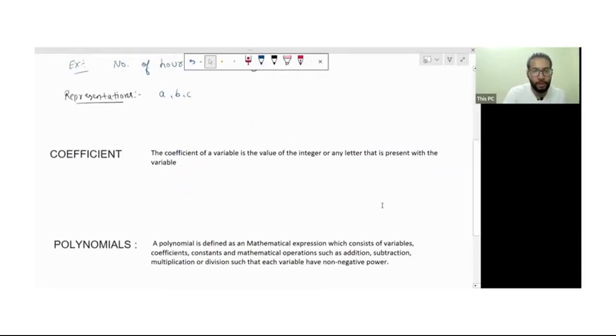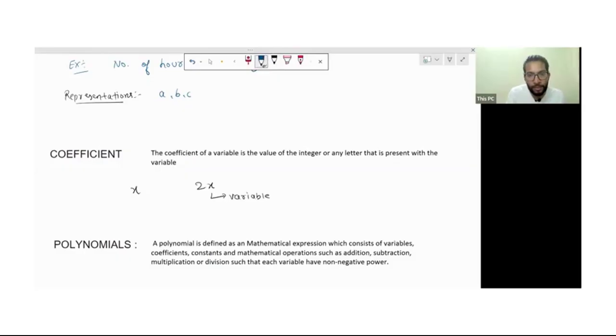Now the coefficient, the next thing. So the coefficient, first of all, we need to understand that coefficient is a property associated with the variable. Suppose we have any variable x. So for any variable, the coefficient of a variable is the value of the integer or any letter that is present with the variable. For example, if I write 2x, here x is variable and which value is present with x, it is 2.